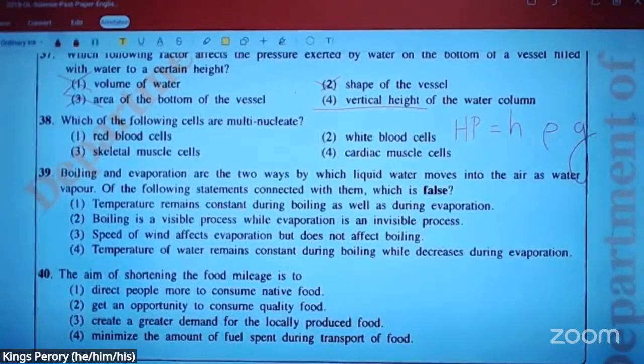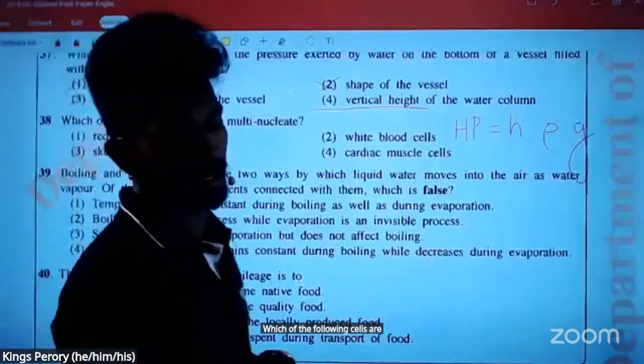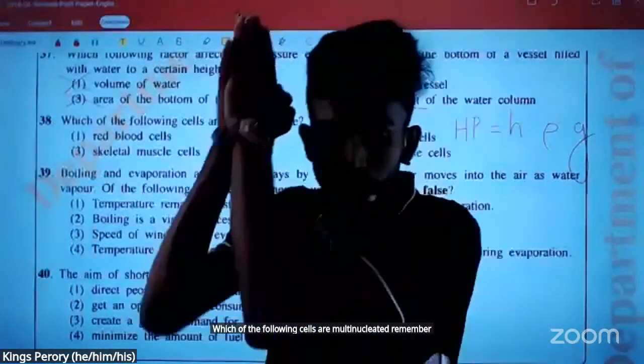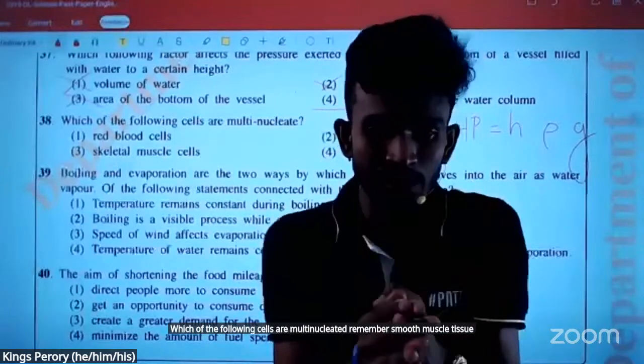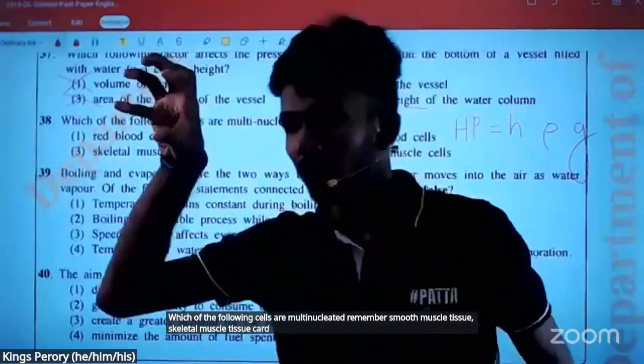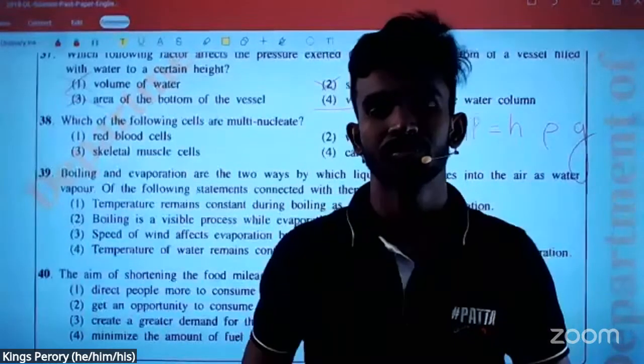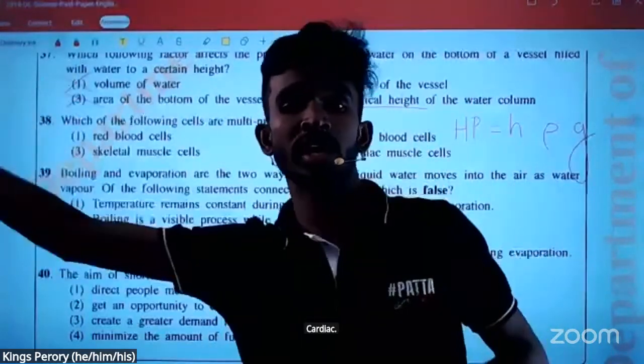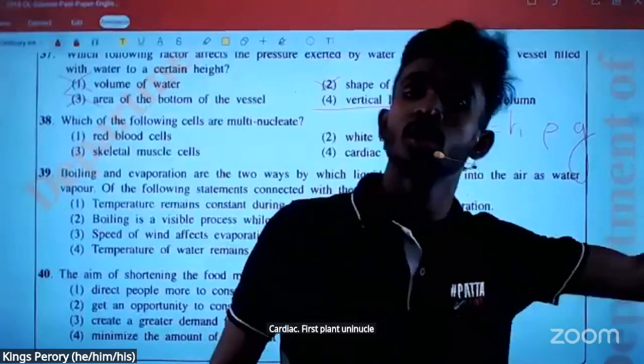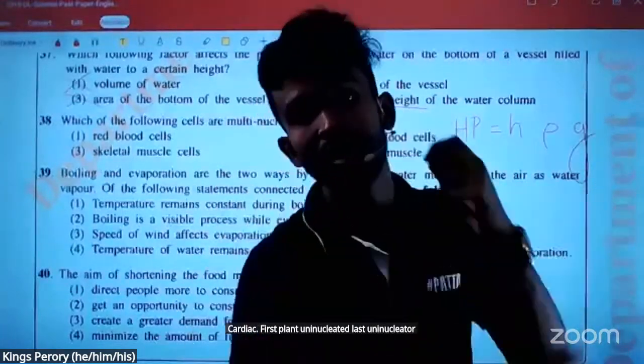Which of the following cells are multinucleated? Remember, smooth muscle tissue, skeletal muscle tissue, cardiac muscle tissue. Smooth, skeletal, cardiac. First one uninucleated, last one uninucleated, middle one multinucleated.